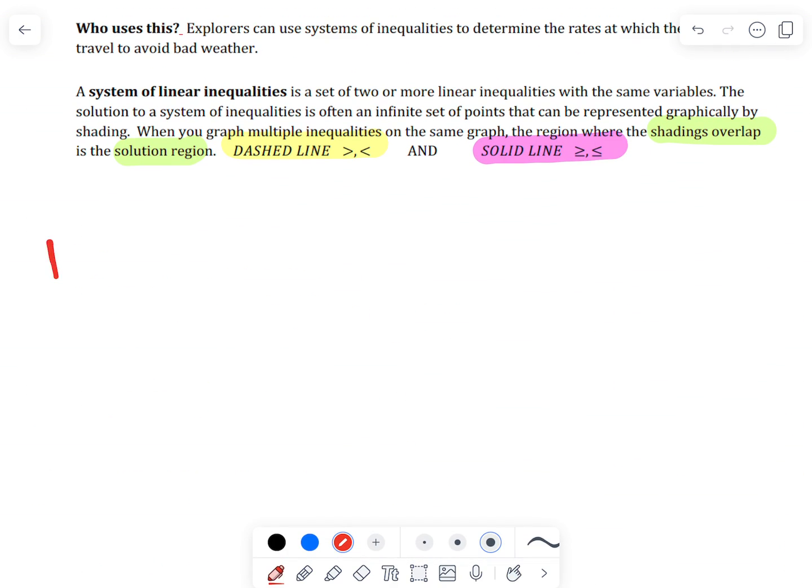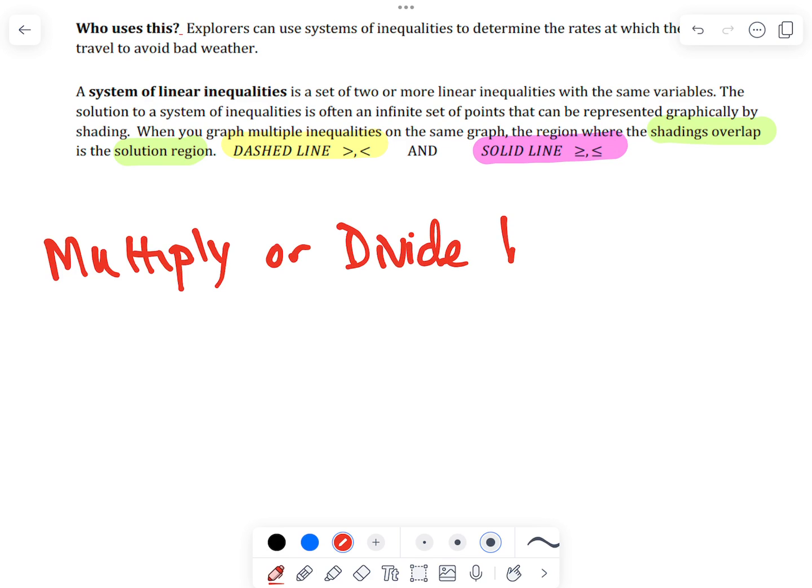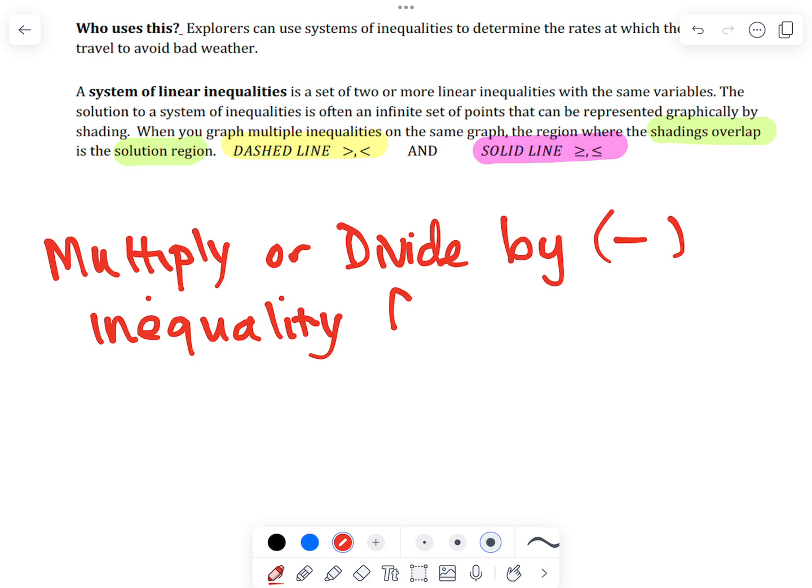When you multiply or divide by a negative, the inequality will flip. And that's what happened in this example.